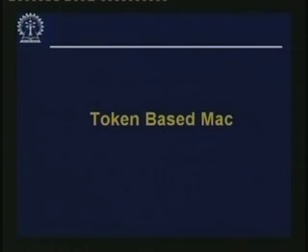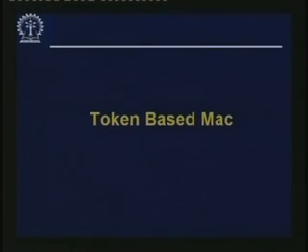Good day. In the last lecture we talked about various multiple access schemes, and one of this set of schemes, token bus and DQDB etc., were using tokens. Now we will see two other variants of it, namely token ring and FDDI.